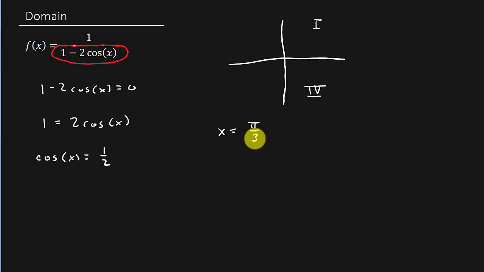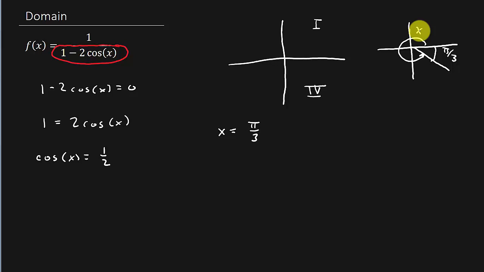Now, what about our fourth quadrant angle? Well, pi over 3 is our reference angle. Okay, remember your reference angle is in the first quadrant. So that's your reference angle. And we can use that reference angle to get this x value here.